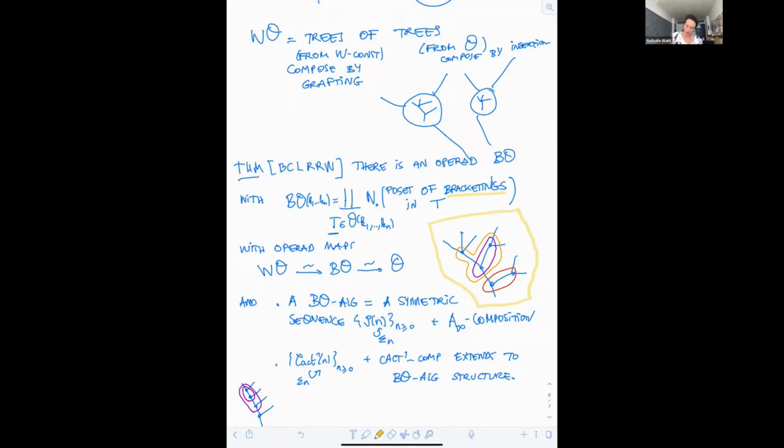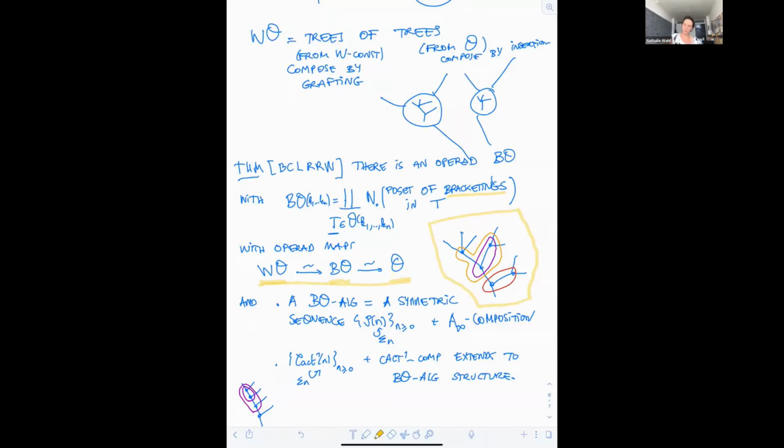So this operad comes with operad maps which are homotopy equivalences. You can think of WO as the complete, nice cofibrant resolution of O. BO is something that sits in between, which puts a lot of contractible stuff above every operation in O, but not absolutely everything.